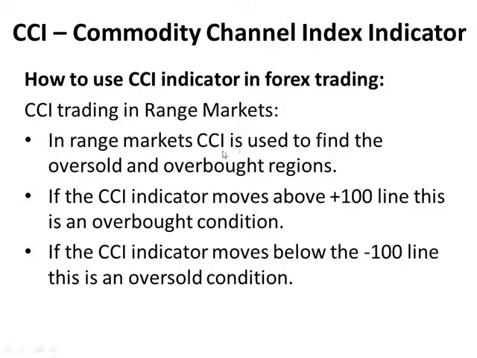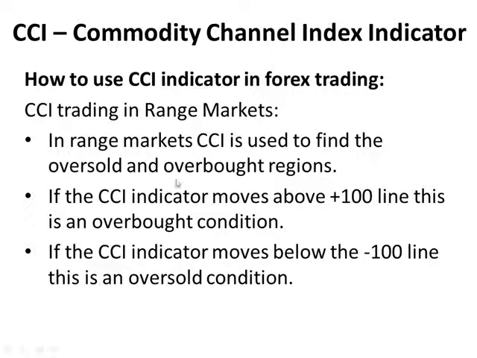That means this indicator is used as an oversold and overbought regions indicator in a range market. As we said, there are normally two levels for this one, +100 and -100, and if the indicator moves above the +100 line, this means that this is an overbought condition, and if the indicator moves below the -100 line, this is an oversold condition.